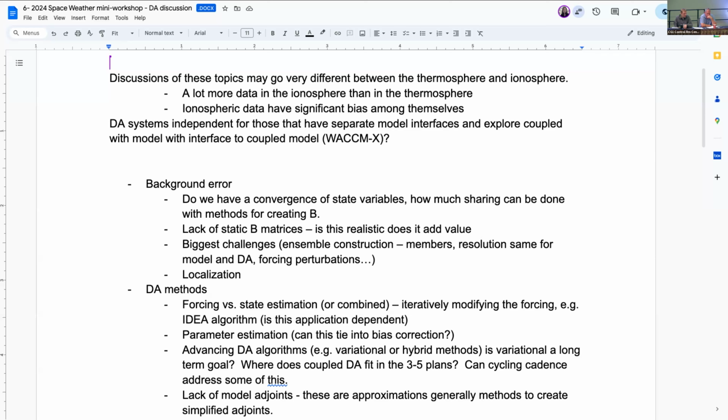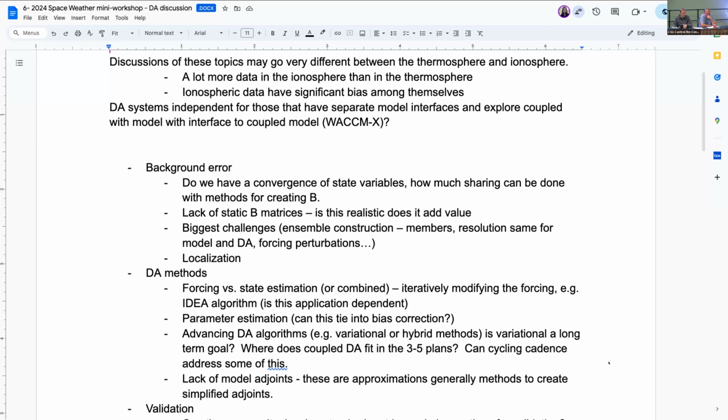Other things related to DA methods: I think everyone is essentially doing ensemble methods because it's in some way the easiest to get started in terms of getting covariance information, things like that. But it's maybe not really the best. You'd want to think long term. Can variational or hybrid methods be the way the community should be thinking?